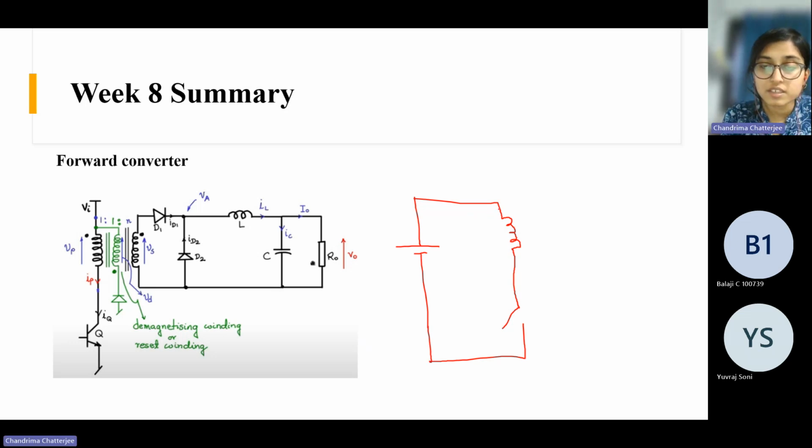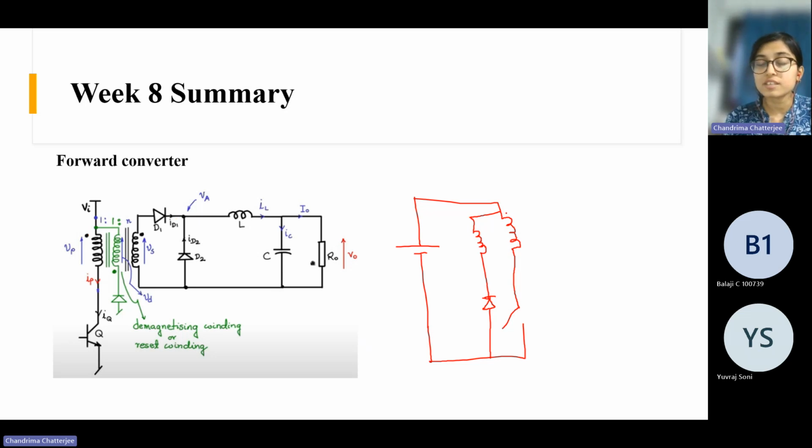And then here we have another winding which has the same number of turns as this one. And here we have a diode which is connected to the supply ground. But just note the dot polarity here. The dot is opposite.